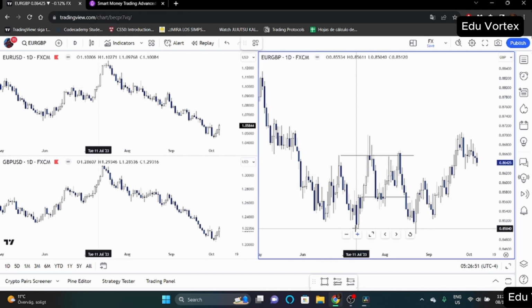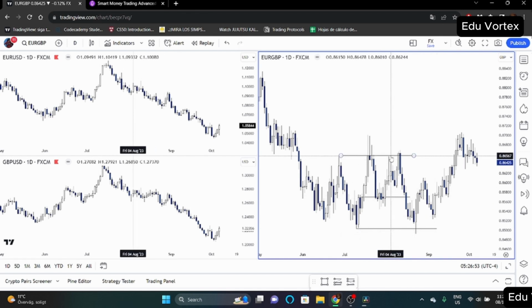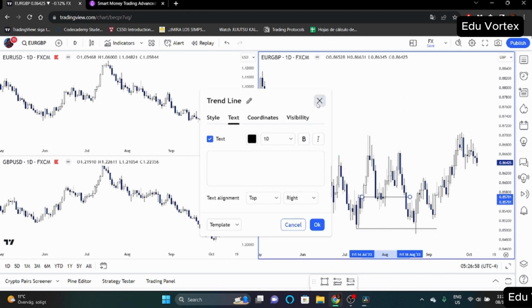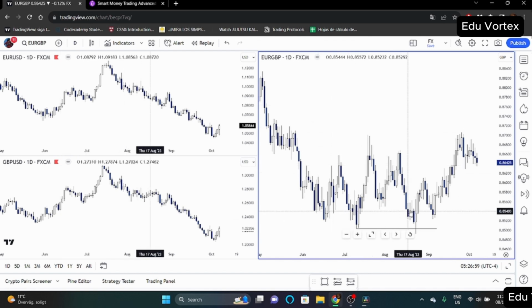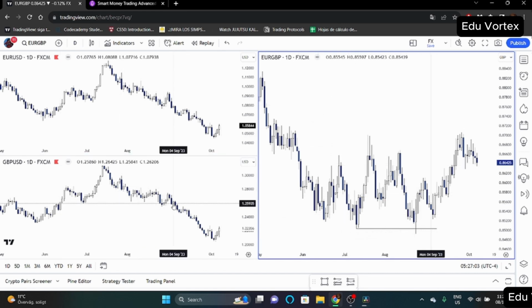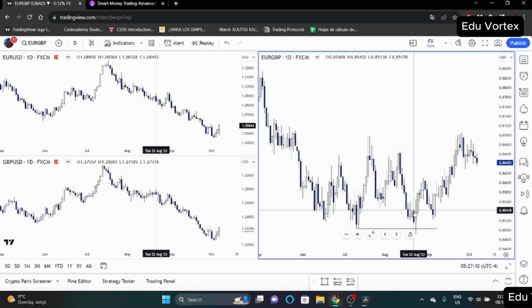Once we take the liquidity, what are we looking for? We're looking for euro to be bullish and GBP to be bearish. So we're looking for shorts on GBP. And look at this. GBP doesn't take the high, euro takes the high. And now we have this order block, which did get respected right here.